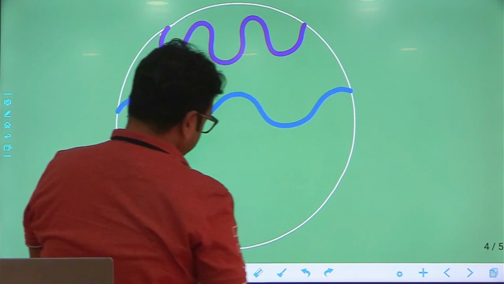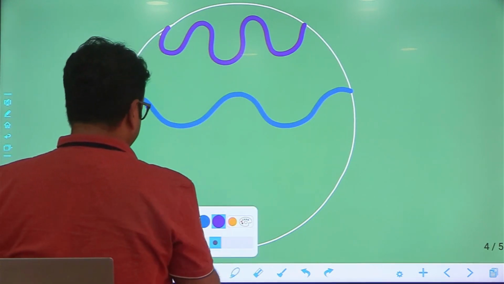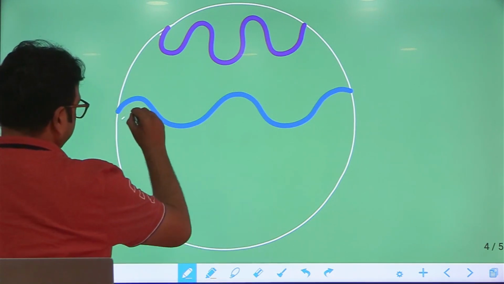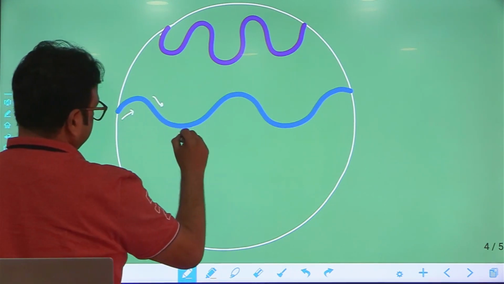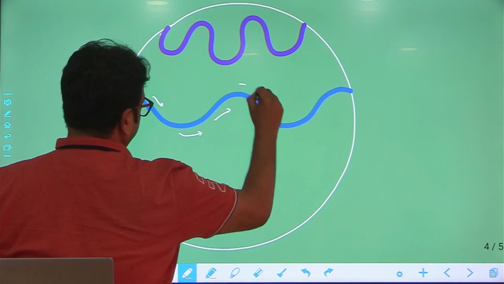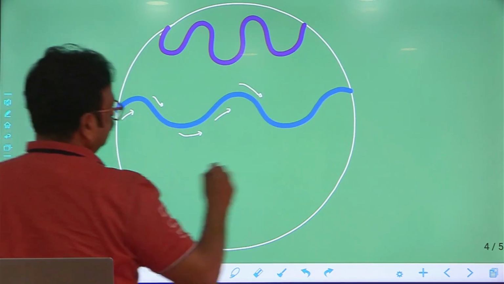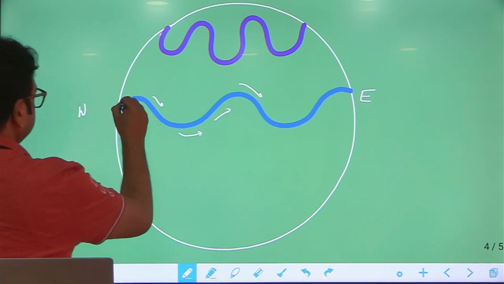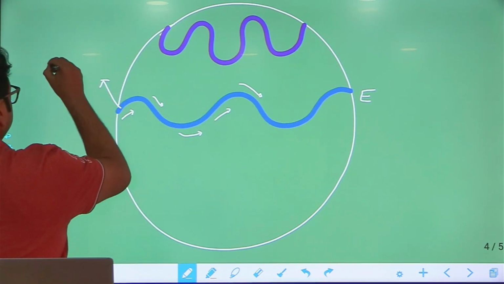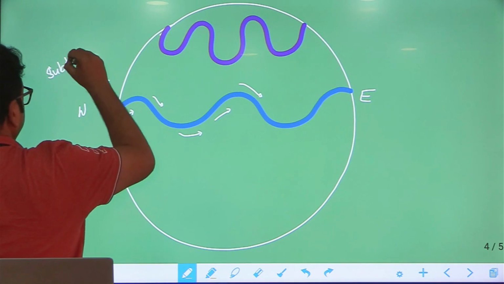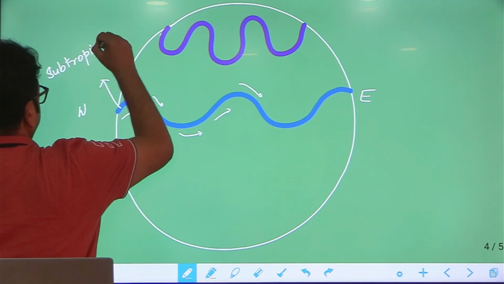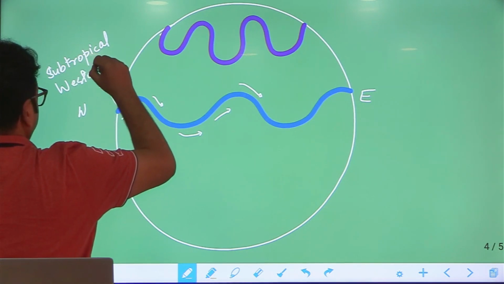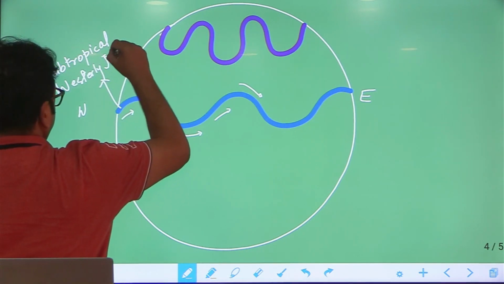So they are not moving in a straight line, they are meandering and blowing from west to east throughout the globe. This is called the subtropical westerly jet stream.